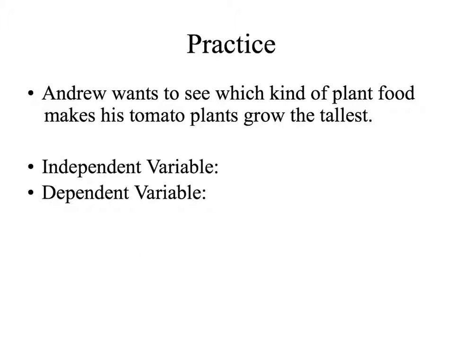Now, I don't know a lot about plant foods. I don't garden. I know Miracle-Gro, I think, is one. And I would probably have a control plant that did not receive any plant food. And then I would maybe have another brand of plant food. So it seems like what would be different at the beginning, again, is going to be the kind of plant food. So I'll just use the word type instead of kind.